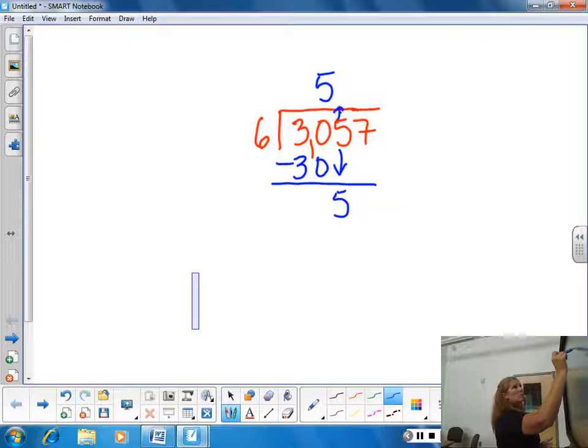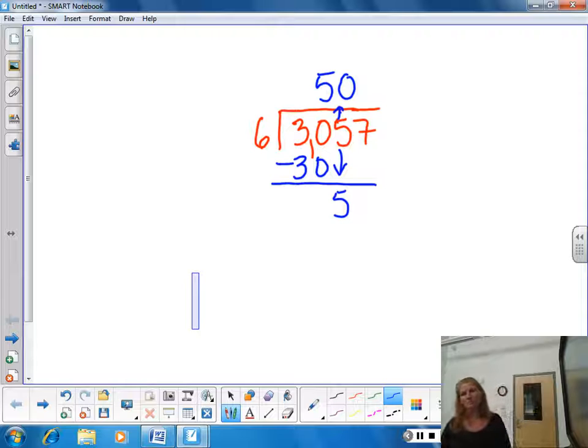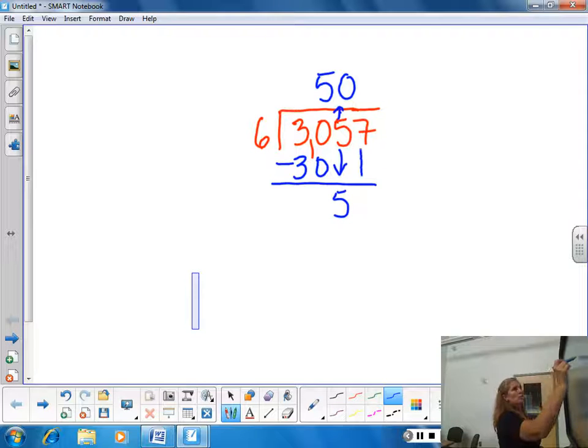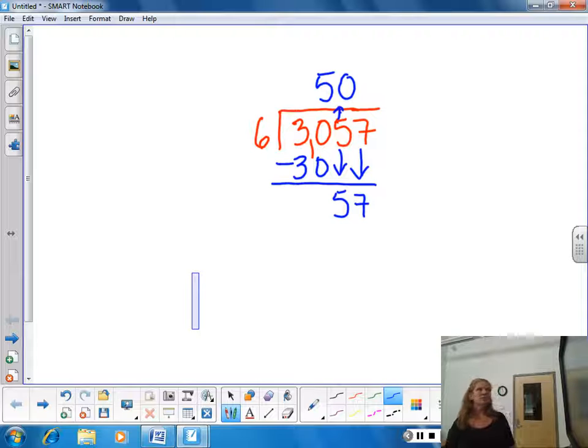And so the question is, how many times does 6 go into 5? And the answer is 0 times. Now I'm going to bring down the next number, and that's going to be 7. How many times does 6 go into 57? If you have your times tables out, you can look down the table and look at 6 and say, where does 6 come in, where it's just pretty close to 57. I know that 6 times 10 would be 60, and this is just a little bit less than that.